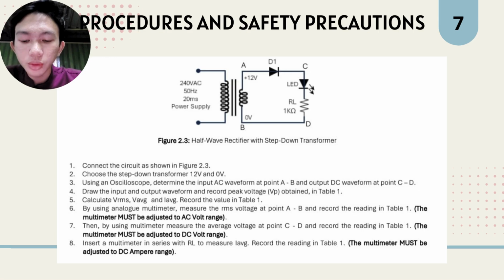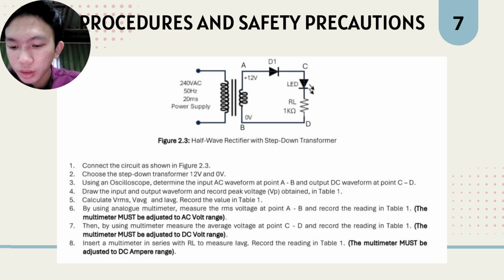So first of all, you need to search the V peak, which is 5 volt. According to the result that I get, volt per division is 5 volt.